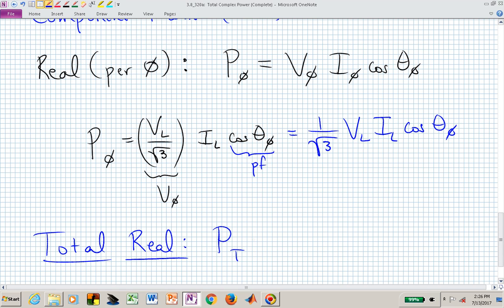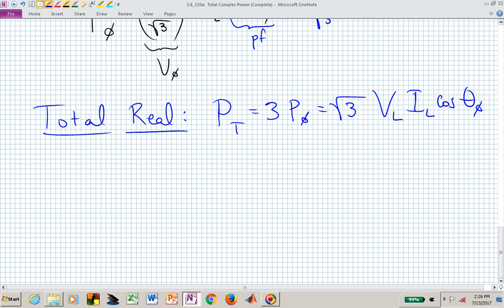The total real power is now 3 times P sub phi, but 3 divided by the square root of 3 is just the square root of 3, since 3 is the square root of 3 times the square root of 3, and we take one of those square root of 3's away when we divide by it. So the total real power is now the square root of 3, the magnitude of the line voltage, times the magnitude of the line current, cosine of theta sub phi, or times the power factor.